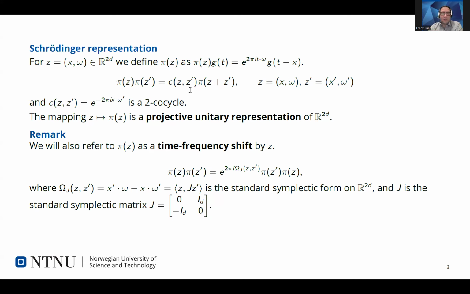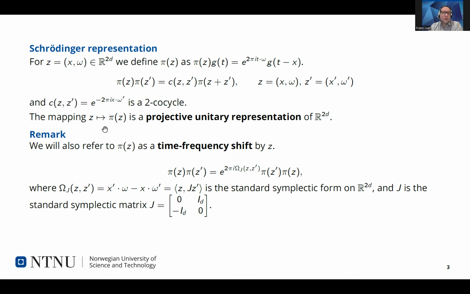An elementary computation going back to the early days of quantum mechanics shows that it's not a unitary representation on the nose, but one where if you look at the product, you pick up a phase factor when you add the points z and z prime. Nowadays we call this a 2-cocycle in this particular form.